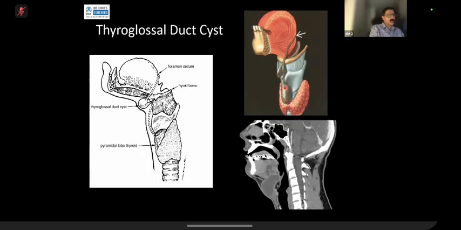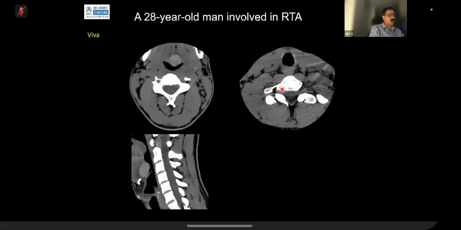Other than this is the concept of what we call ectopic thyroid. With this kind of embryology, thyroid tissue can be left anywhere in this path. There are patients in which the only viable thyroid will be sitting like this at the base of the tongue.